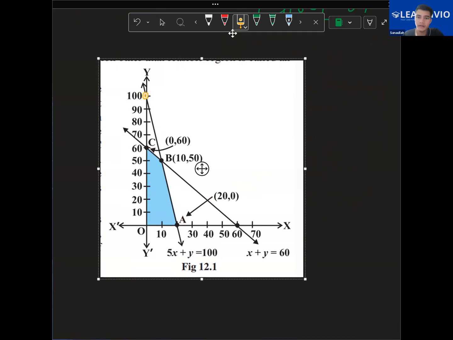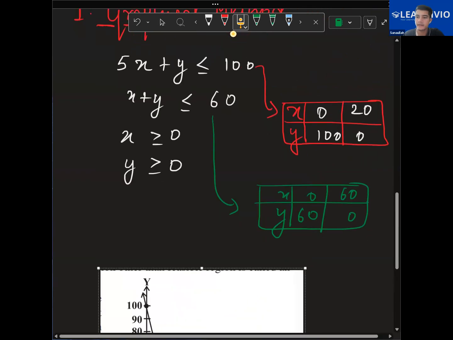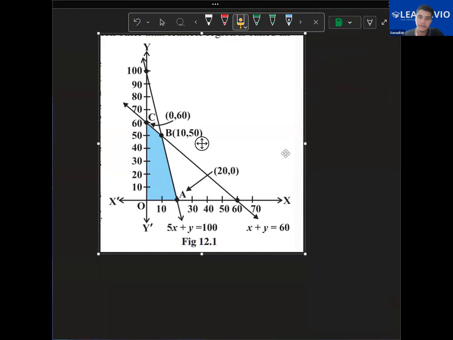And this point is 0 comma 100. Okay, so we have considered the same points. So this line represents 5x plus y.